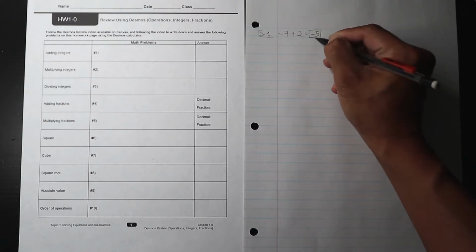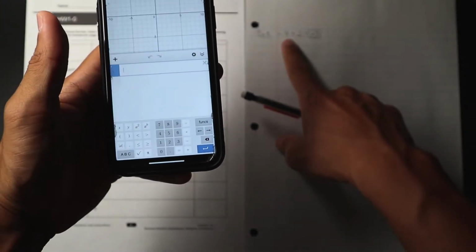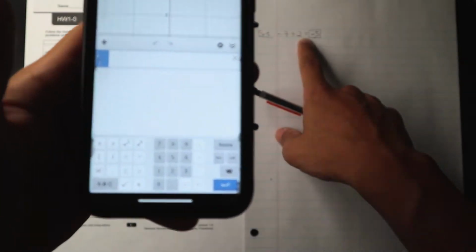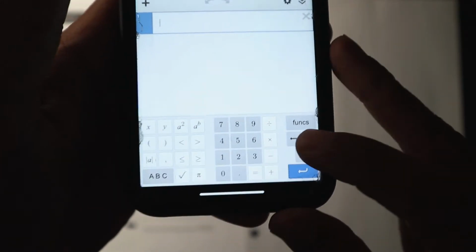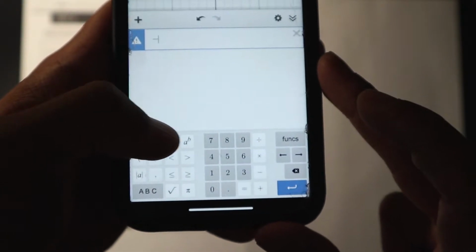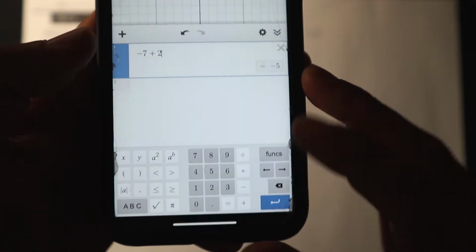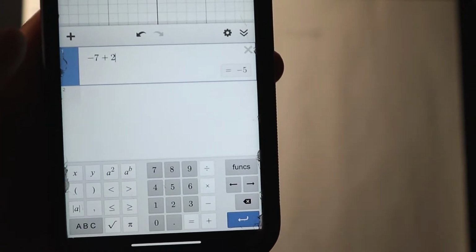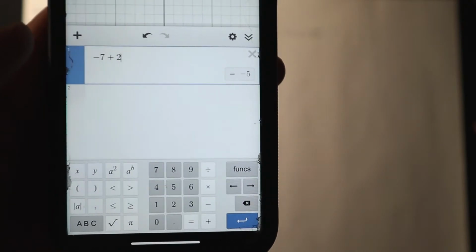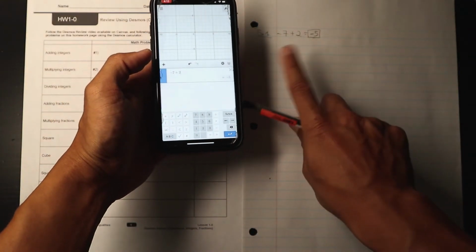So if you want to use a calculator instead, to do -7 plus 2, you're going to first type in -7 by typing the subtract sign, 7, and then plus 2 like this, and then you see that the answer -5 pops up on the screen, which is the same as the answer that we got. So -5 and -5.